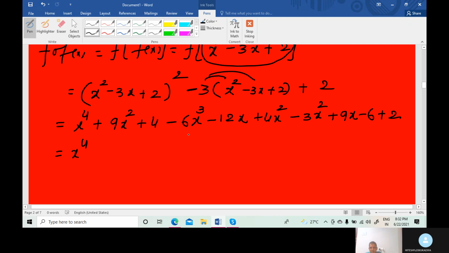Okay, now x cube again one time, so only 6x cube. Now x square: 9x square plus 4, 13 minus 3, so 10x square. And x: minus 12x plus 9x, so minus 3x. Okay. Yeah, completed.